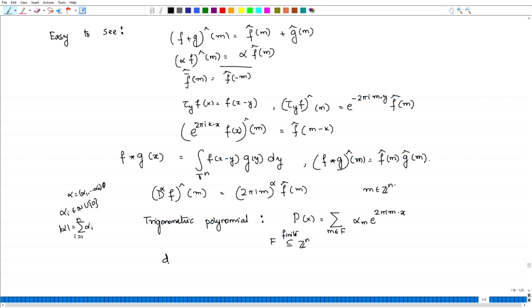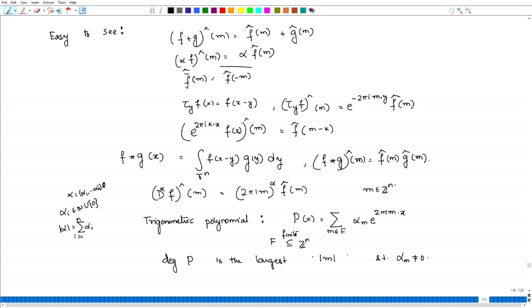The degree of P is the largest number of |m|, that is m1 plus up to mn in absolute value, such that alpha m is not equal to 0.